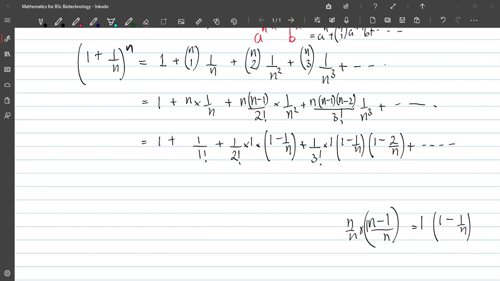You're asking if the term is divided by n, but I'm not sure which term you're asking about. The whole term is not divided by n. I'm not sure what you're asking. The individual terms.